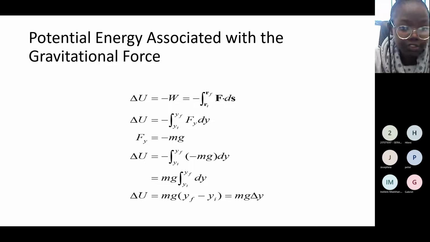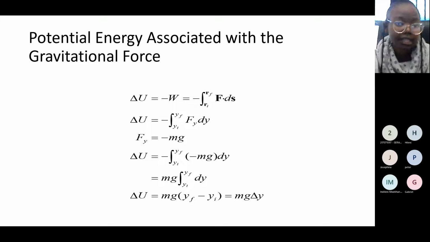Let me just draw here. This drawing is not the best, but let's say this is the height, and I'm going to name it h. Then we have a ball dropping. This ball is being pulled by gravity and the ball has a mass.